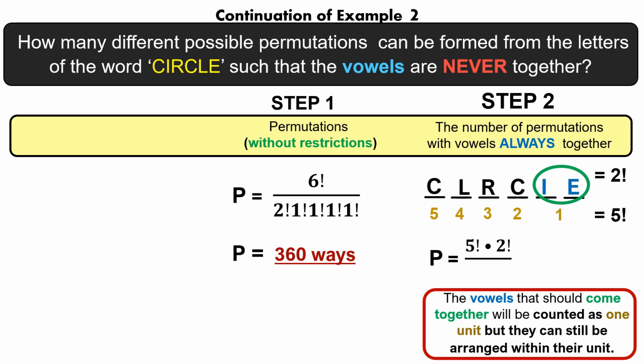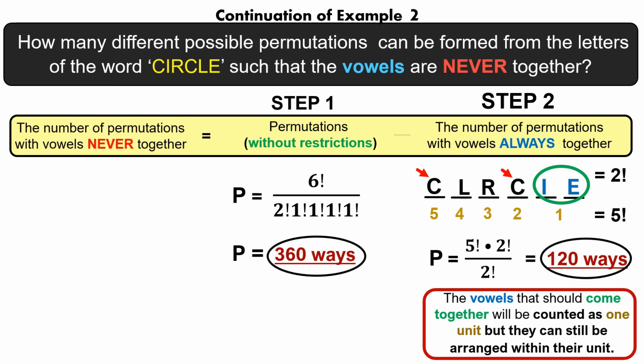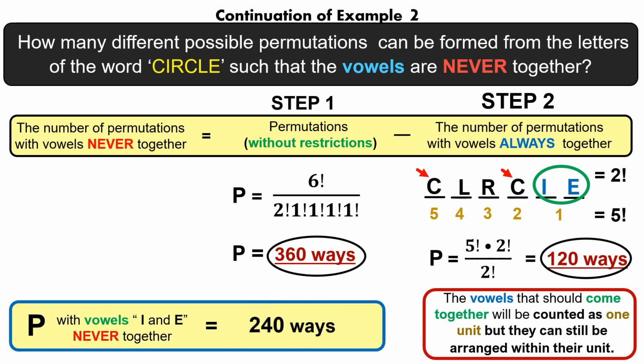Since letter C occurs twice, then we'll divide 5 factorial times 2 factorial by 2 factorial. And that will give us 120 ways. Now, let us subtract 120 ways from 360 ways. And so, we have 240 ways to arrange the letters of the word circle such that the vowels are never together.